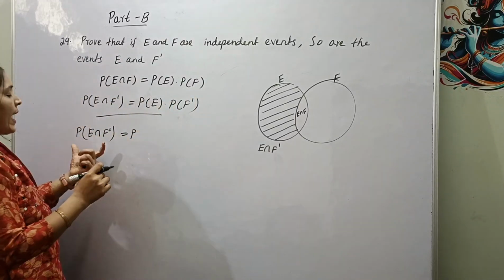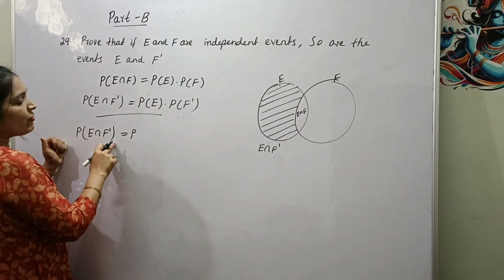So this can be written as probability of E intersection F complement.